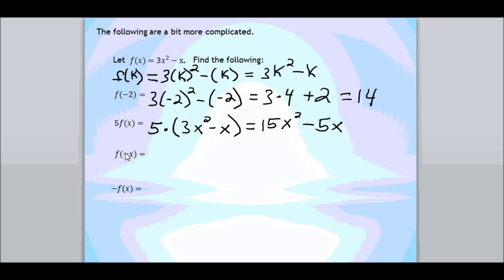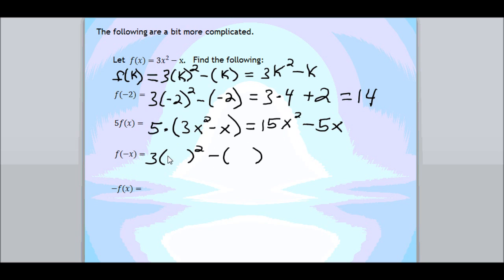Now this says replace the x with -x. Okay. So it's going to be 3 times, well, what would be in those parentheses, squared, minus what's inside the parentheses. I write it like this first, because then I can go back and plug stuff in. So I have the format of the function down.